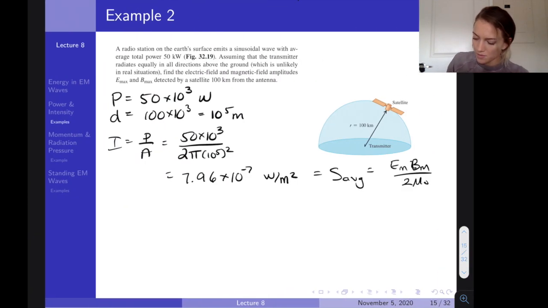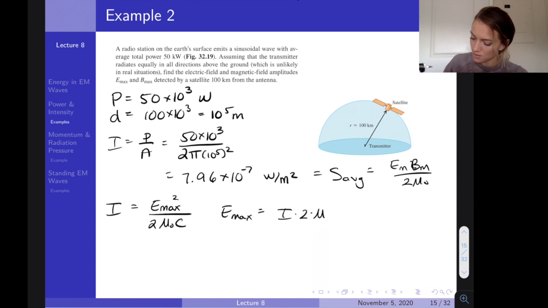So we have the intensity is equal to Emax squared over 2 mu naught c. So we're going to find Emax is the square root of I times 2 times mu naught times c.